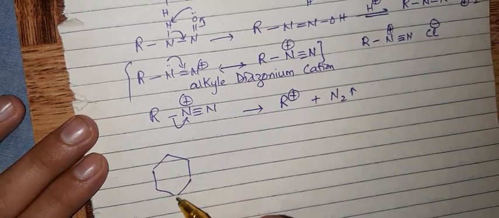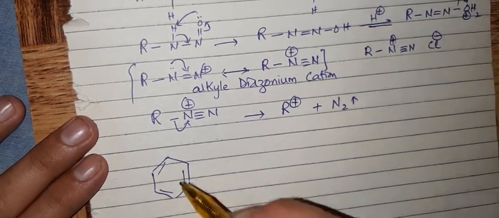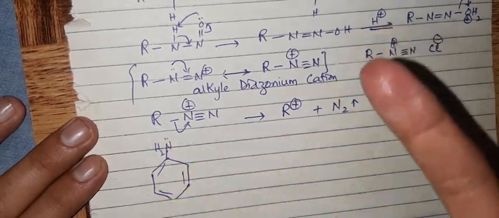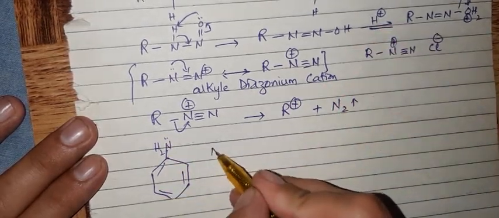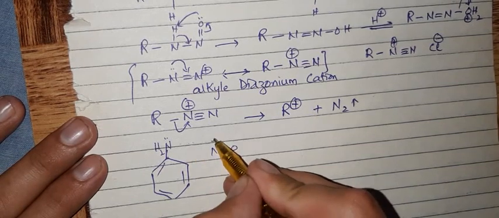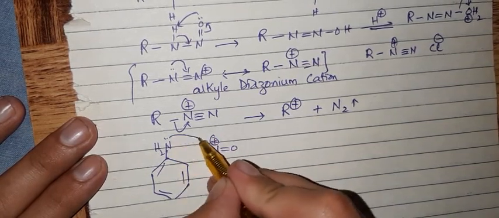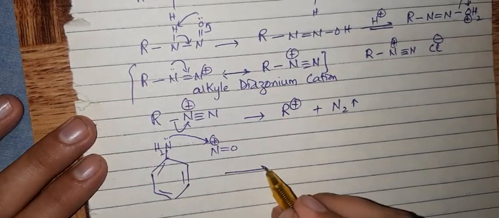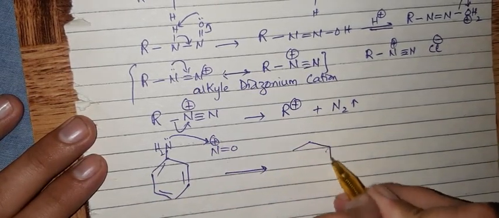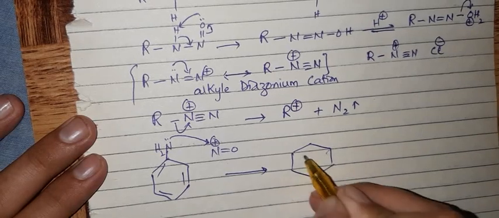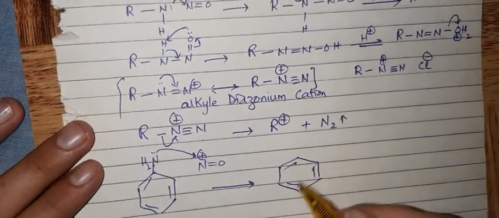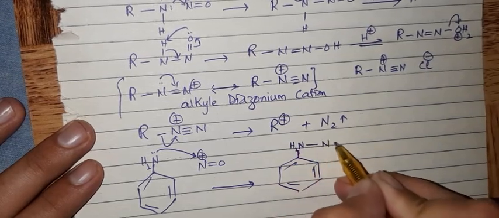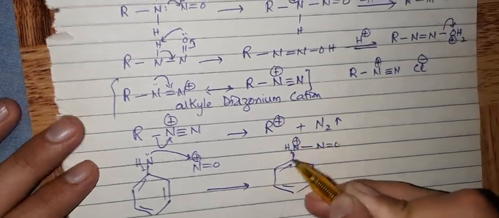We have our aniline here, NH2. The nitrosonium ion is formed, and that nitrosonium ion is attacked by this lone pair of aniline, and the resulting species is NH2-N double bond O, and here we have a positive charge.